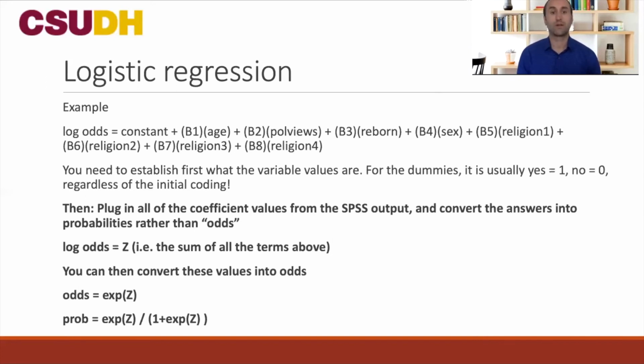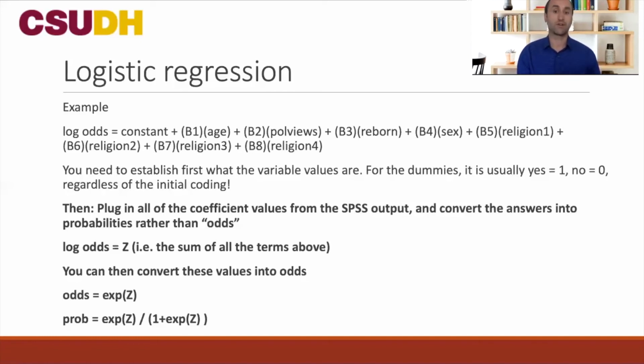Then you plug in all of the coefficient values from the SPSS output and convert the answers into probabilities rather than odds. So the log odds is the equivalent of Z, which is the sum of all those terms above. So the constant plus B1 times age plus B2 times poll views plus B3 times reborn, etc. You can then convert these values into odds from the log odds by taking the exponent of both sides.